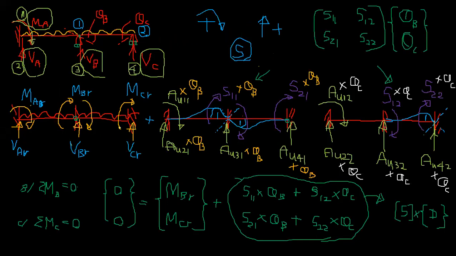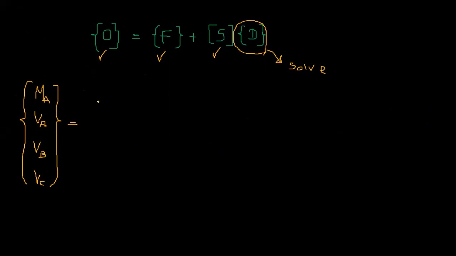At the primary structure, you have these actions, MAR, VAR, VBR, and VCR, right? So these were your actions.